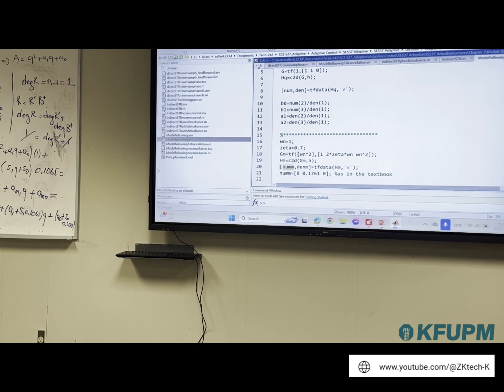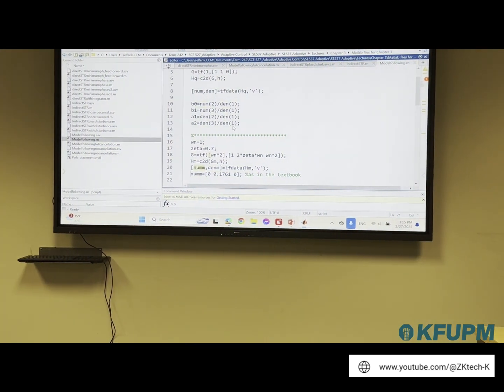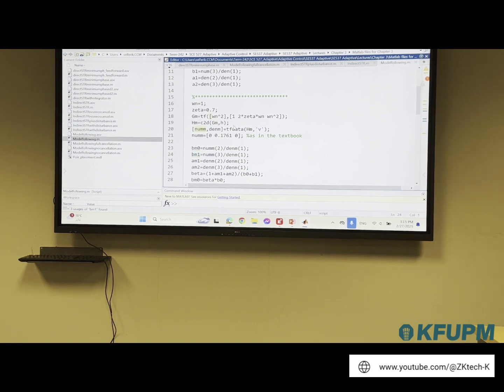So I ignored it and replaced it with my zero, which is 0.1762 multiplied by q. Then I extracted the numerator coefficients Bm1 and Bm0 of my reference model, and the coefficients of my reference model denominator.